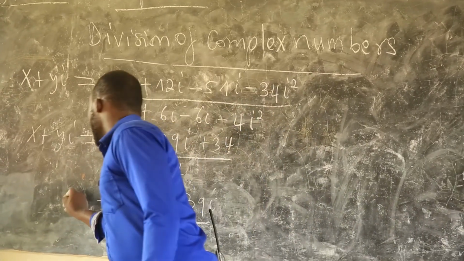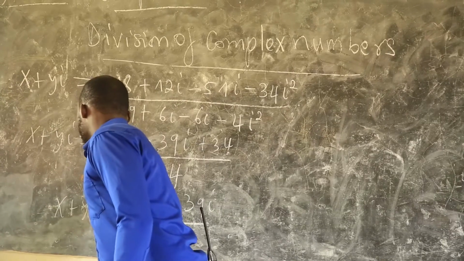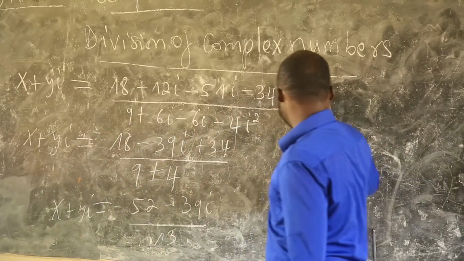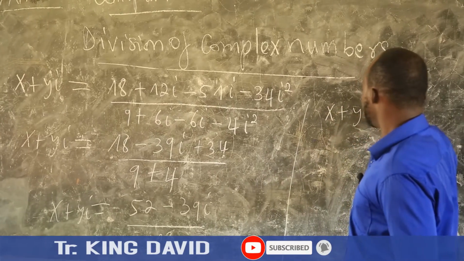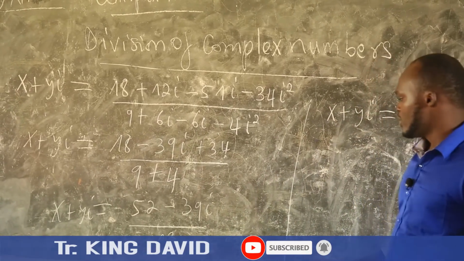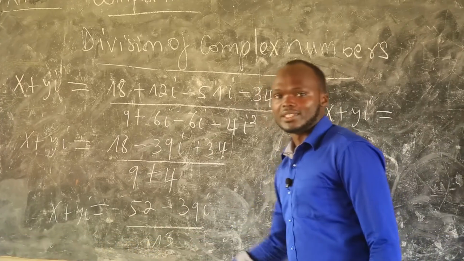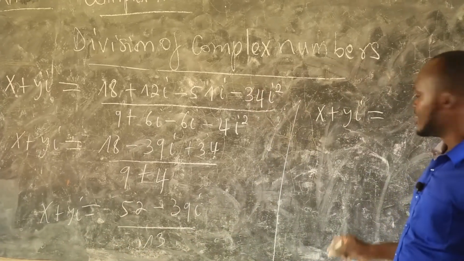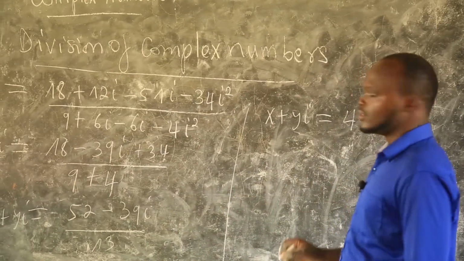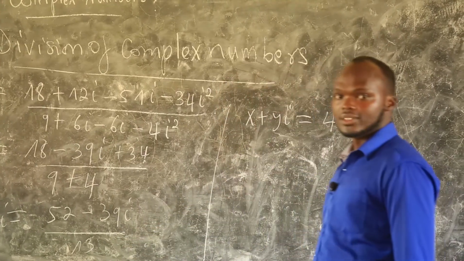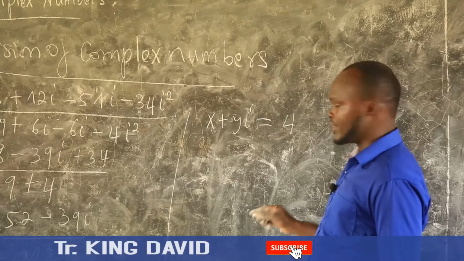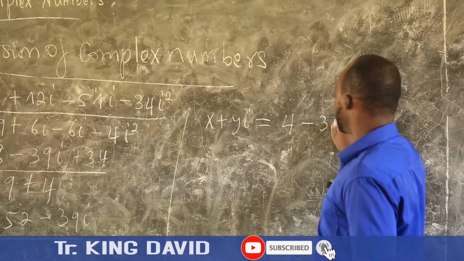So x plus yi equals 52 divided by 13. The answer is 4. Then what is 39 divided by 13? The answer is 3. So it is 4 minus 3i.